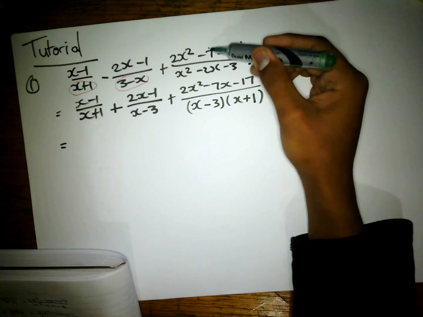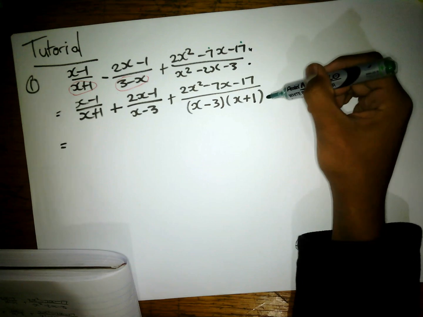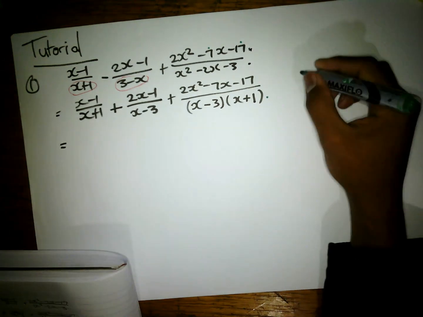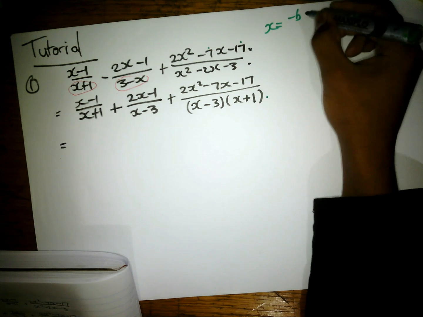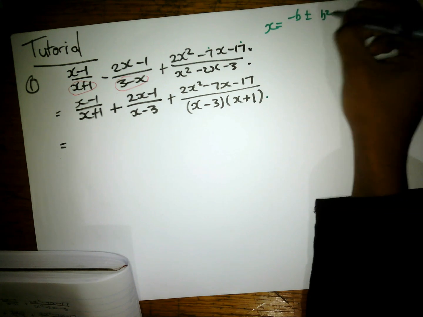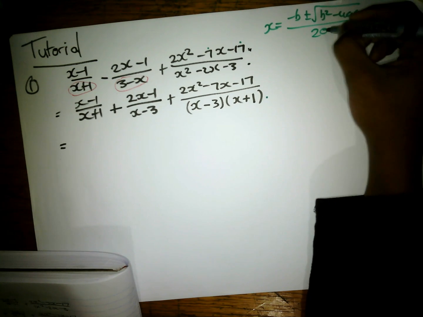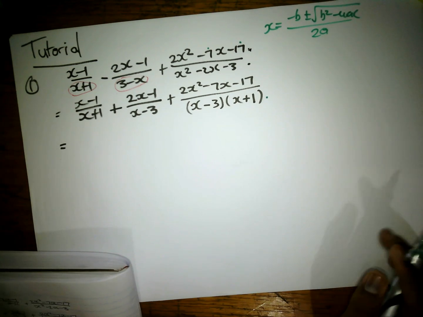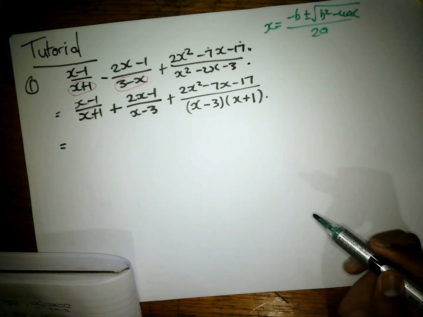If you try and factorize this, you can't do it with this method. Then you must use the big factorizing formula, minus b plus minus the square root of b squared. Yes, I see. Then you will get fractions and decimals, and for this type of equation you don't want that. You want whole numbers.